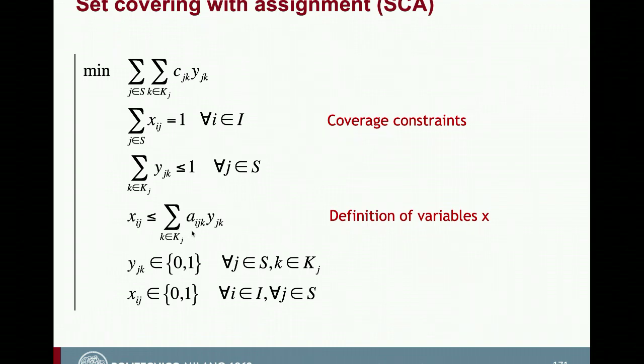We are using it as a definition of the variable in such a way that we can guarantee that we assign the test point only to candidate sites where there are base stations installed and covering the test point. And that's an important constraint. Otherwise, we may be assigning a test point to a base station that is not covering it, right? The coverage constraint is just rearranged using the variable x, but this is equivalent to the previous case.